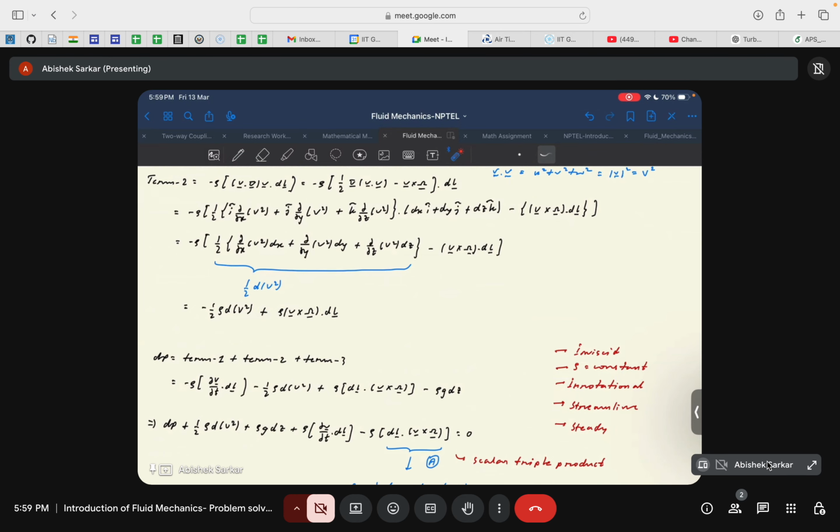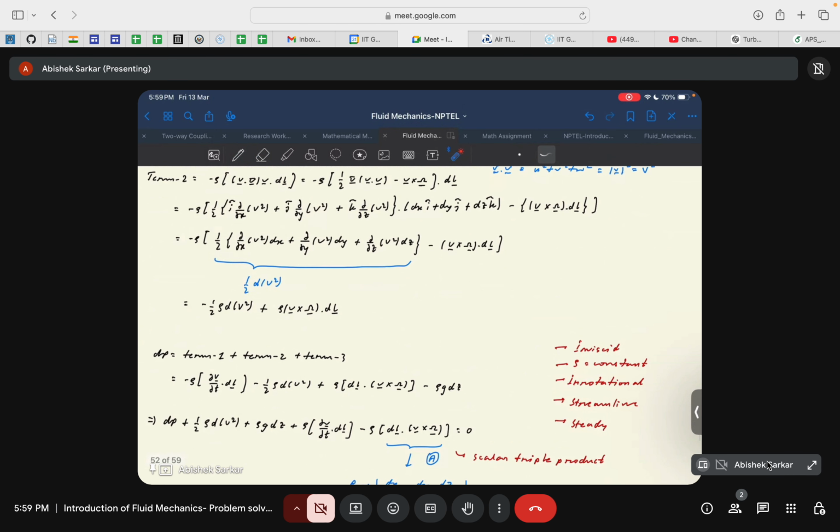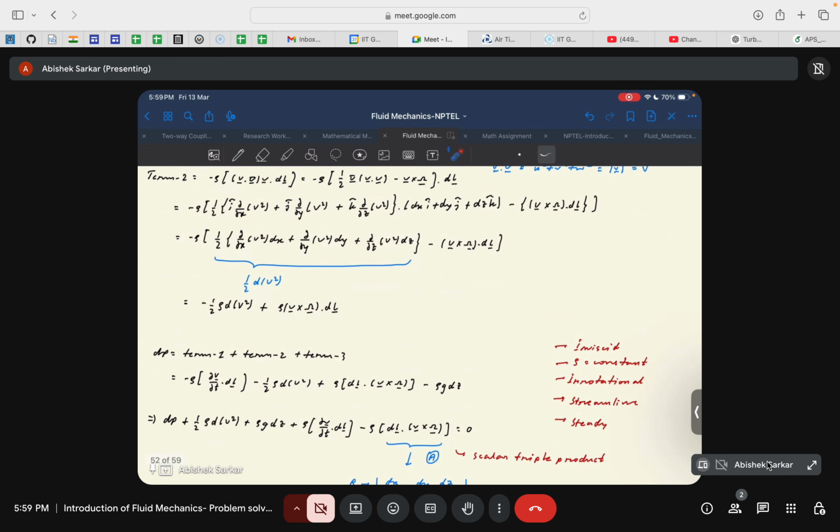If you just take the multiplication, you will get minus rho half times ∂/∂x of v square times dx plus ∂/∂y of v square times dy plus ∂/∂z of v square times dz. Or in a simplified manner, this can be represented as half times d of v square. It is the complete derivative of v square.